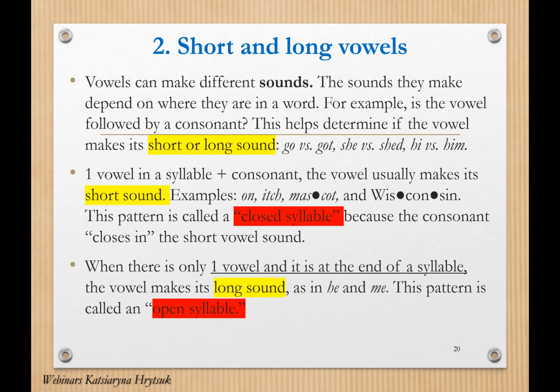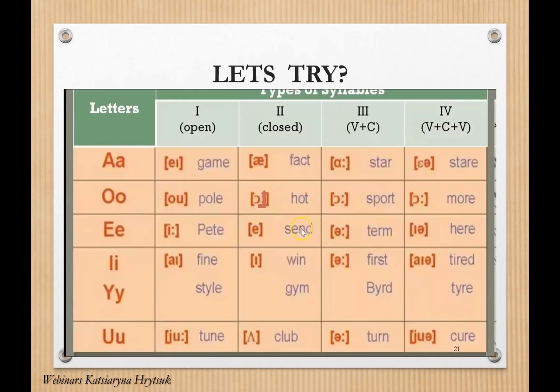Then, when there is only one vowel and it is at the end of a syllable, the vowel makes a long sound, like he, me, okay? This pattern is called an open syllable. That is rule number 2.